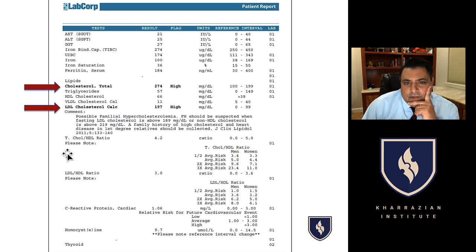So here you can see, for example, total cholesterol 274, LDL cholesterol 197. Obviously this is extremely high. This is elevated. So this would be your clue as a clinician to go, maybe they do have some kind of genetic defect in how they process lipoproteins. And with this one, obviously, there's something happening with LDL.